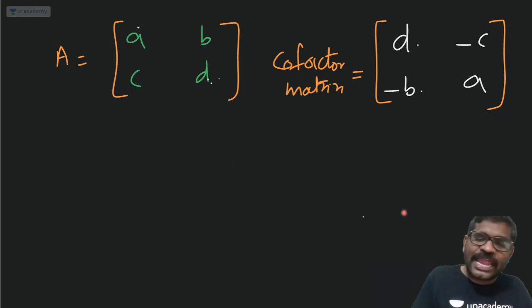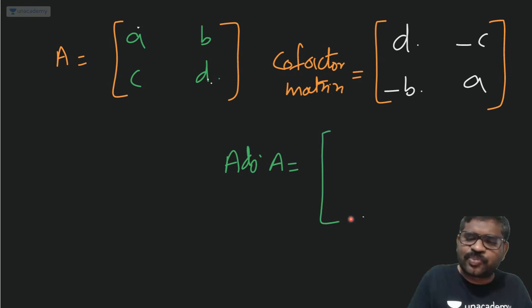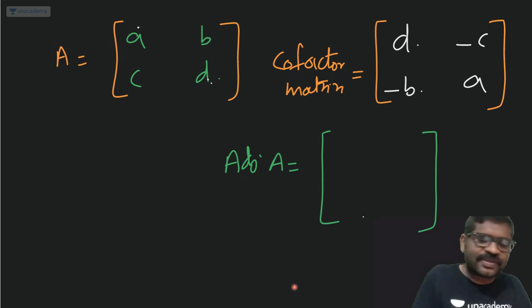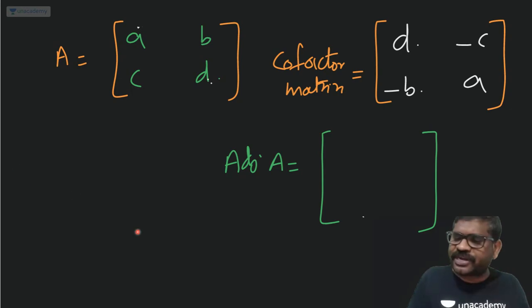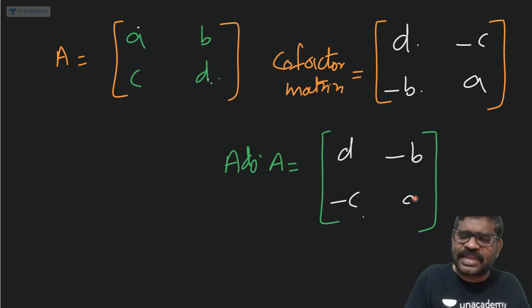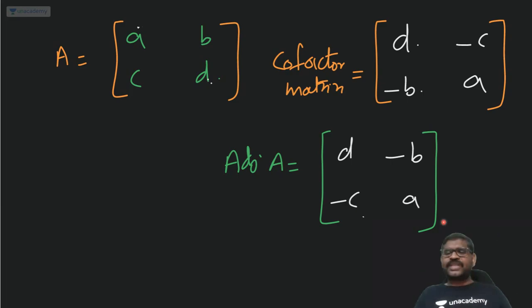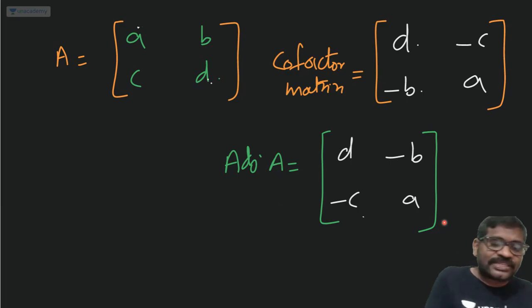Now adjoint of A is transpose of cofactor matrix. If you transpose cofactor matrix, you will get D, minus B, minus C, A. That is adjoint of A. Understood? What is determinant value of A?